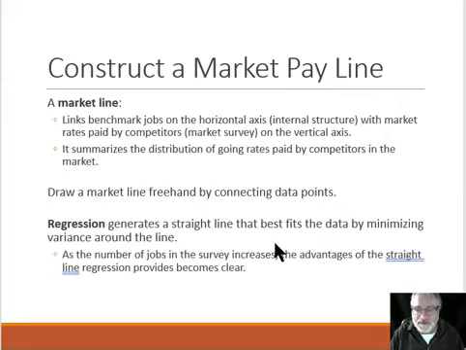And so we look at benchmark jobs, and we look at the information on competitors and how they're spread out around those benchmarks. Some of our competitors are going to be paying these benchmark jobs higher, some lower, and we're looking for a line of best fit that we can determine statistically through the process of regression.